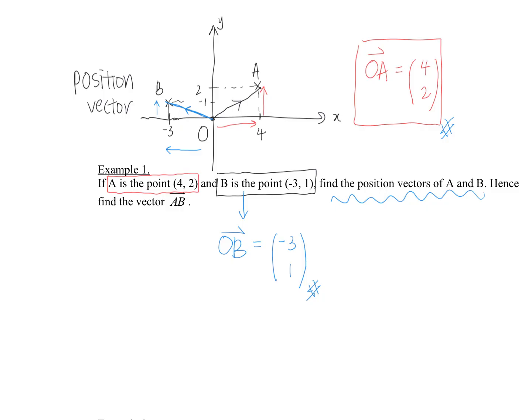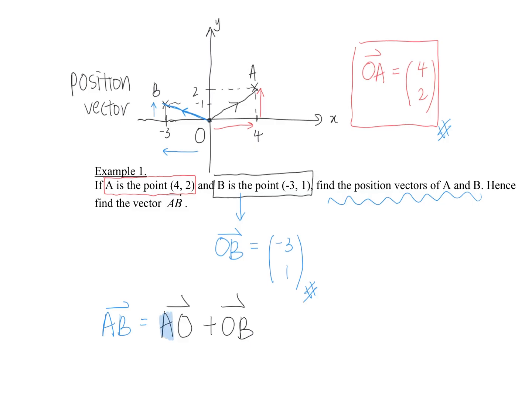Okay, then finally they say, can you tell me how to find AB? If I want to move from A to B, I need an interchange. What is the interchange point? O. So that means I must start from A, go to O, and then from O, I move to B. My start and end must be the same as what they want you to find.